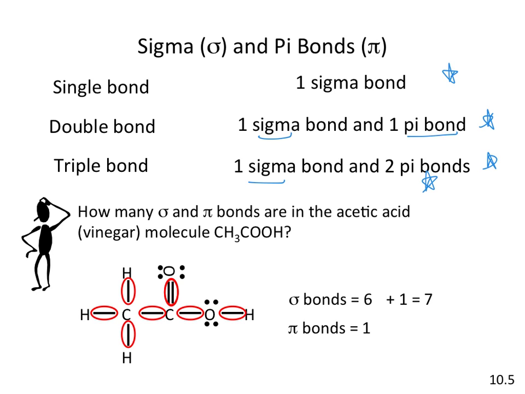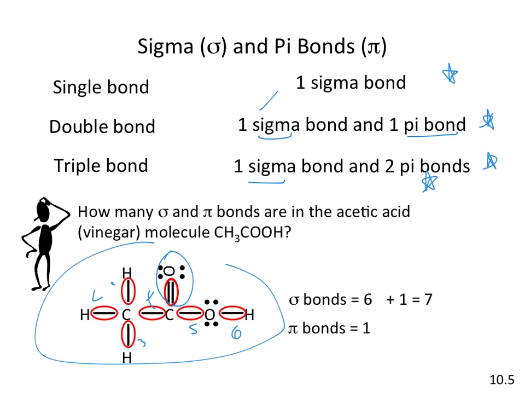Okay, so if we look at vinegar, or acetic acid, and we want to identify how many sigma and pi bonds you have, first thing you can do is count up how many single bonds you have. So 1, 2, 3, 4, 5, 6. I have 6 sigma bonds coming from all the single bonds. And then I have this double bond here. Now remember, a double bond consists of a sigma plus a pi bond.